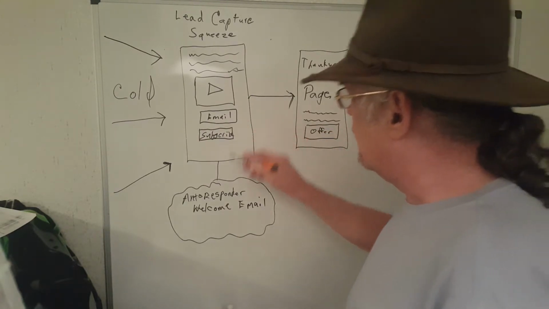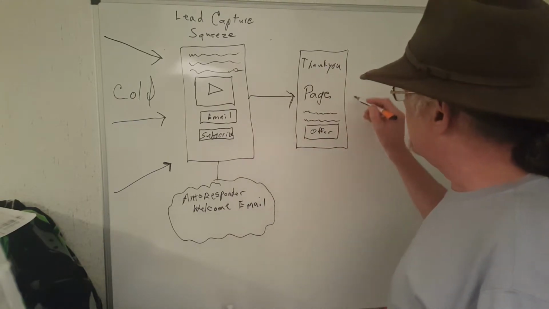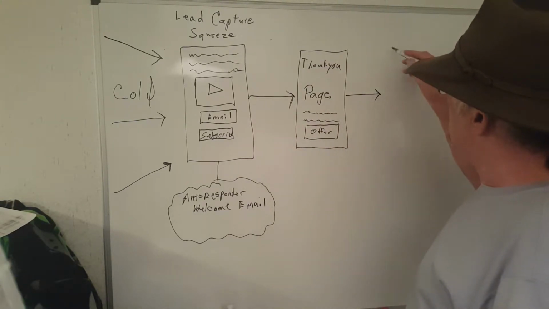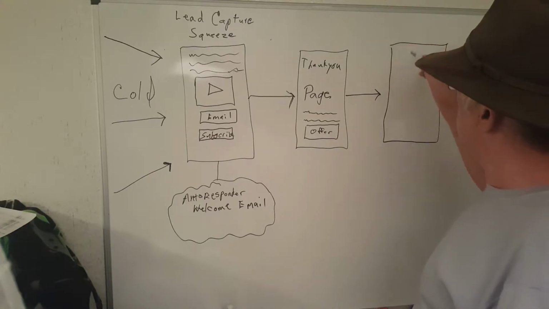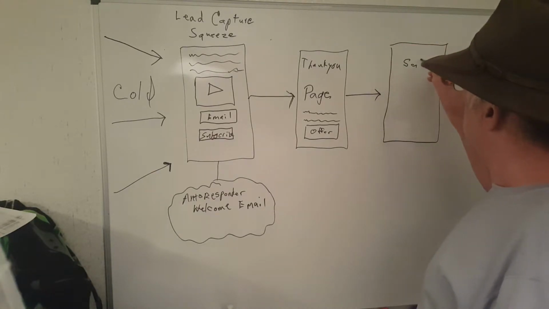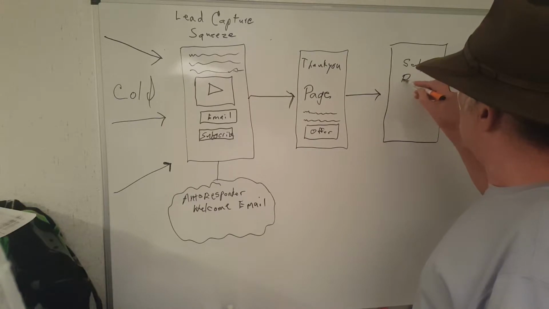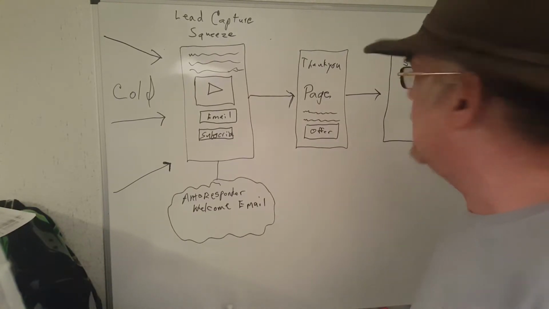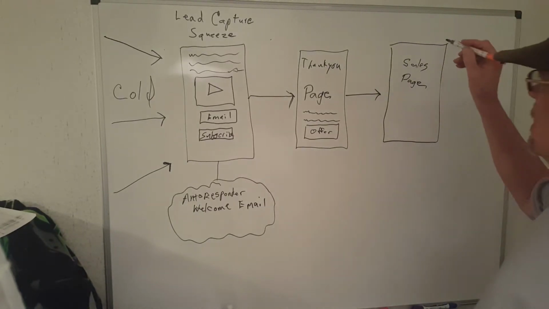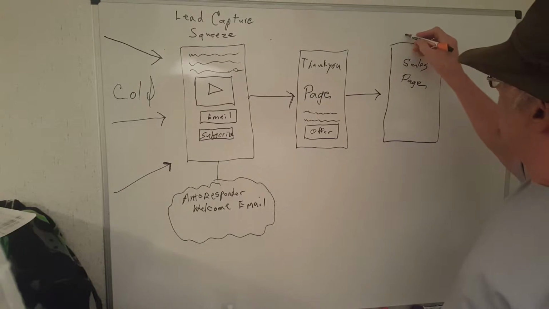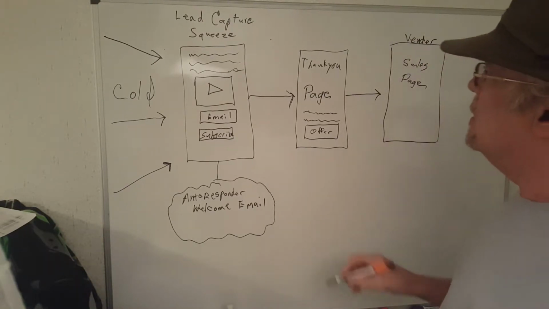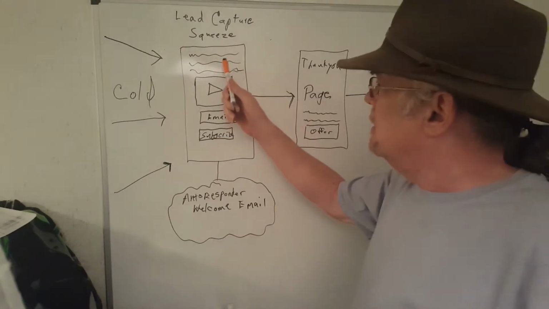Whatever you're giving away needs to be complementing your sales page. Okay, unless you have your own product, the sales page is provided by the vendor. You as an affiliate need to do this.